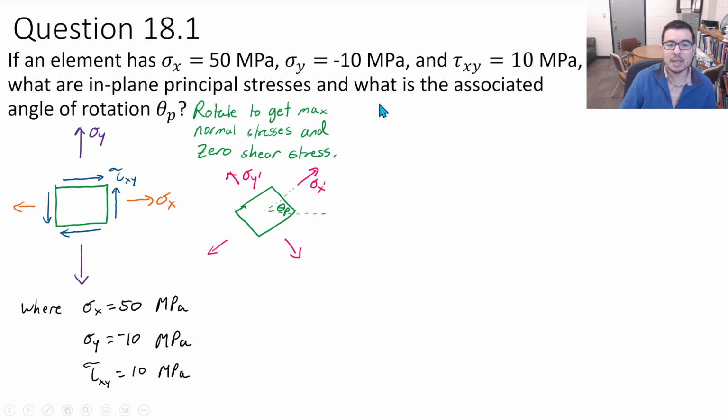In this case, the way this one is set up, you're only going to need to put in one theta p, but you are going to be looking for a couple of in-plane principal stresses. You can go to Canvas and solve this problem.